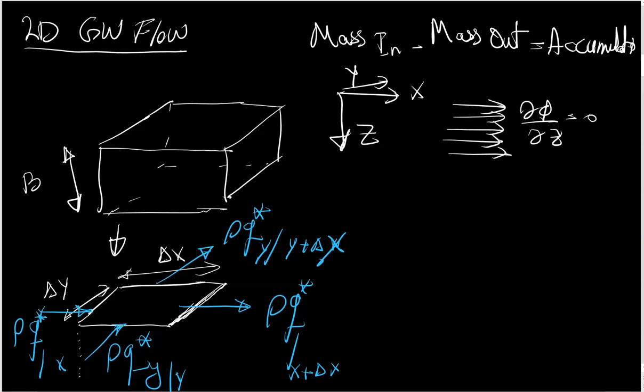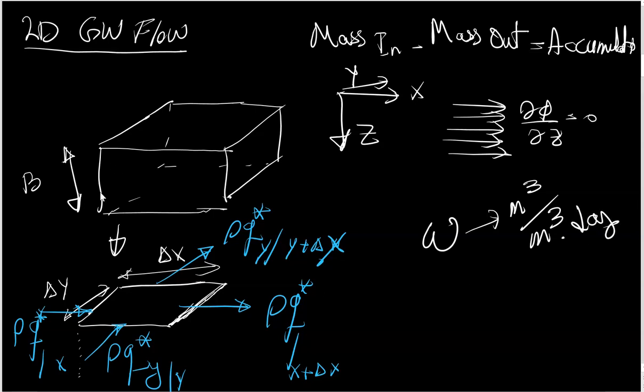But the other difference in the 2D system that you need to think about is the sink and source term, which was in cubic meter per unit volume of the aquifer per day.